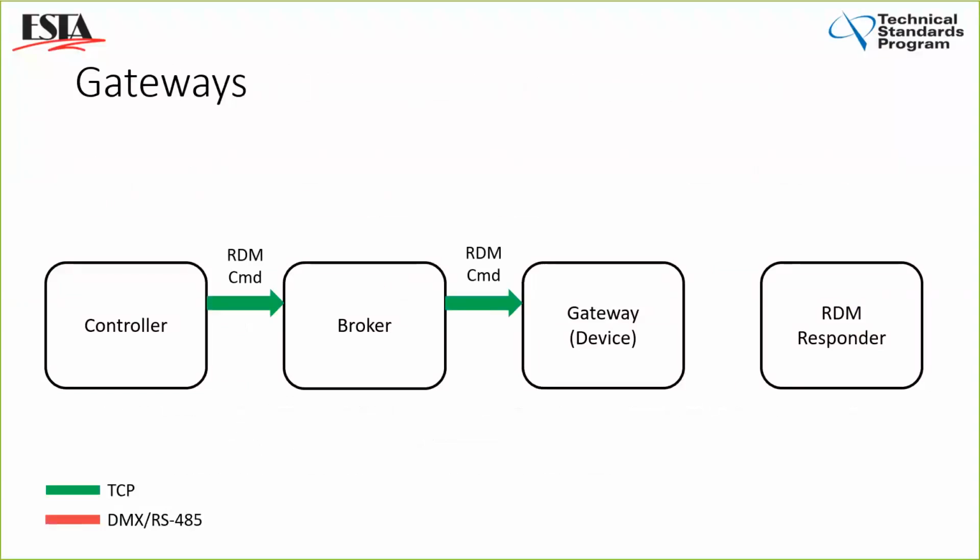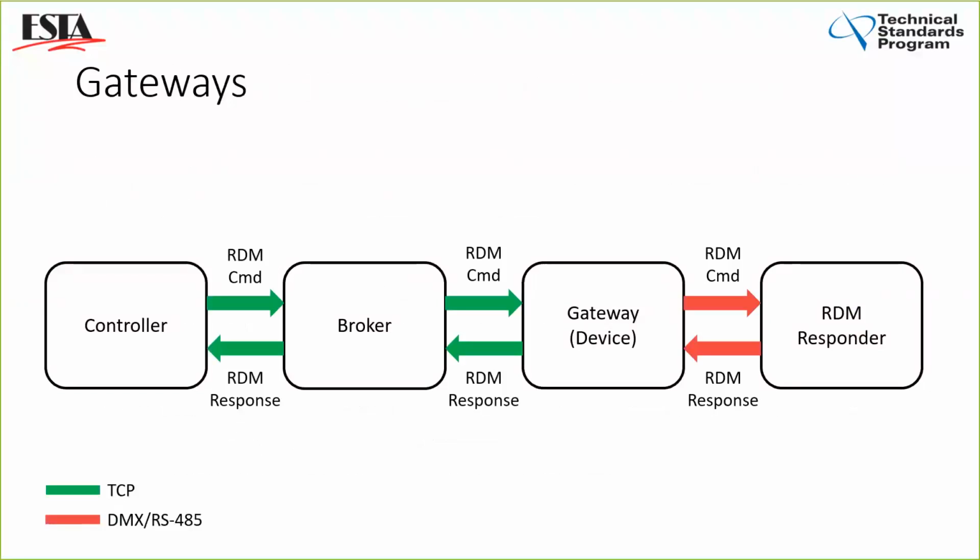The gateway translates the command to normal RDM, sent over the DMX wire. That gets sent to the responder, which responds to it. And then the gateway initiates network communication back to the broker. It packages that response in a form suitable for transmission on the network, sends it back to the broker, which then routes it back to the controller.